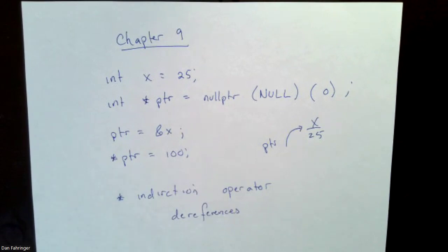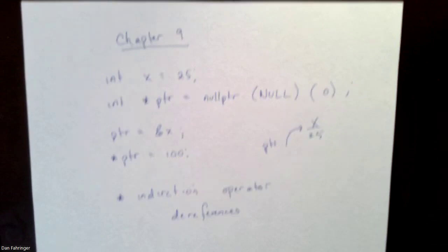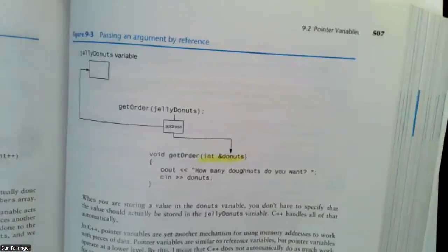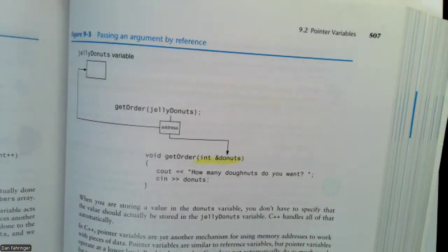If you look back through chapter 9, we mirrored how arrays worked. An array name was just the address. Tell me if that sounds familiar. I'm going to get my book.